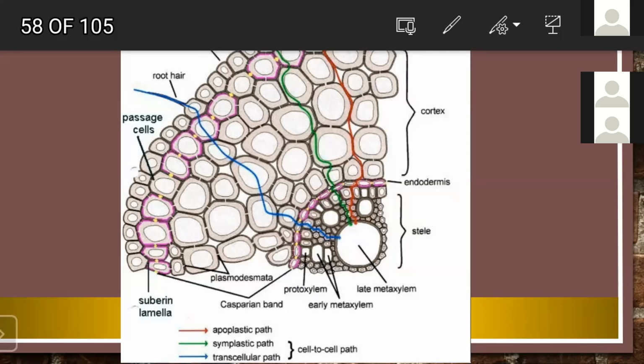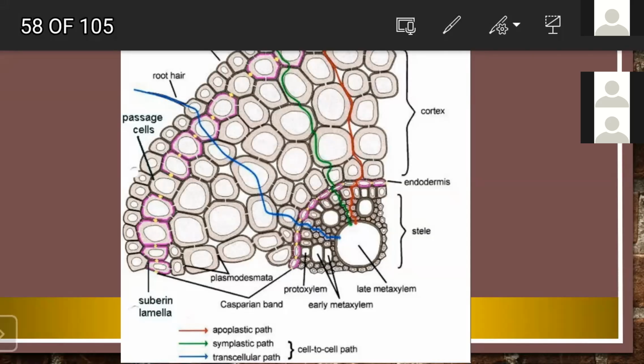That is possible because the root hairs have mitochondria. Those are cells that have mitochondria, which are supposed to produce energy.